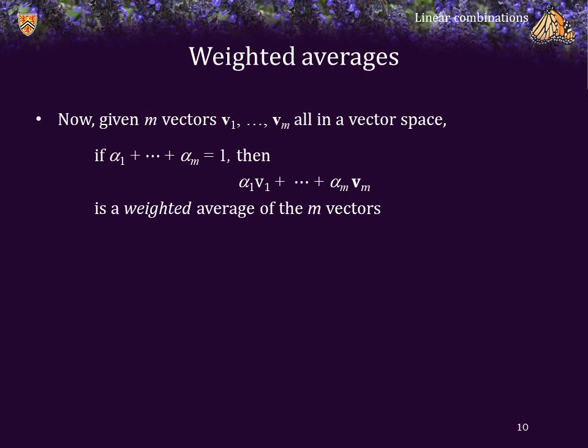Given those same m vectors, if the sum of the scalars alpha 1 through alpha m is equal to 1, then the linear combination of these vectors and corresponding scalars is said to be a weighted average of these m vectors.